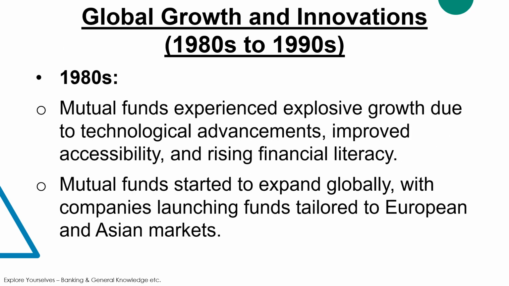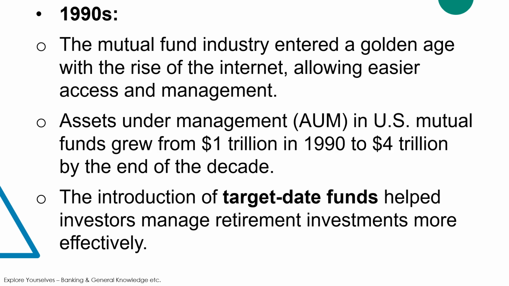Global growth and innovations, 1980s to 1990s. 1980s, mutual funds experienced explosive growth due to technological advancements, improved accessibility, and rising financial literacy. Mutual funds started to expand globally, with companies launching funds tailored to European and Asian markets. 1990s, the mutual fund industry entered a golden age with the rise of the internet, allowing easier access and management.